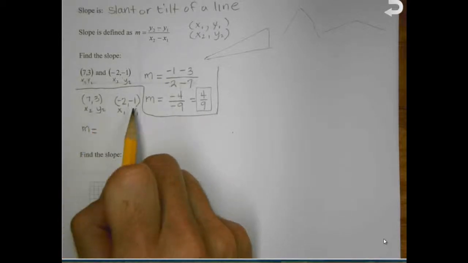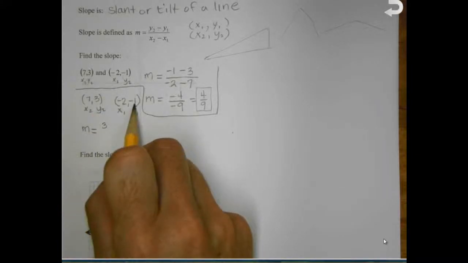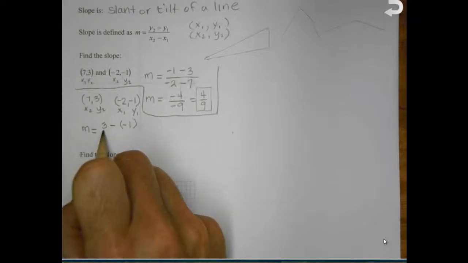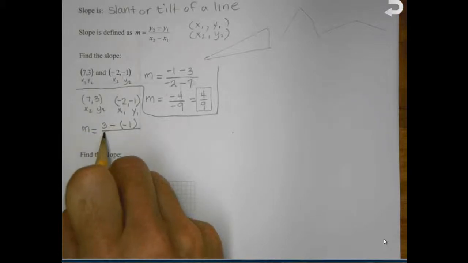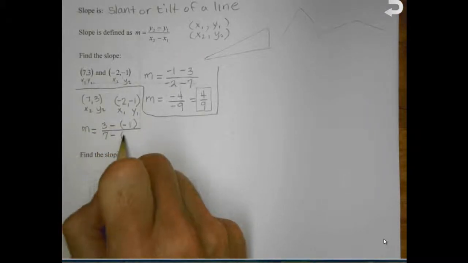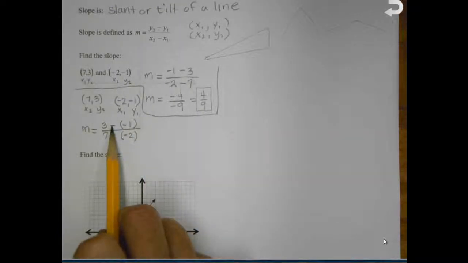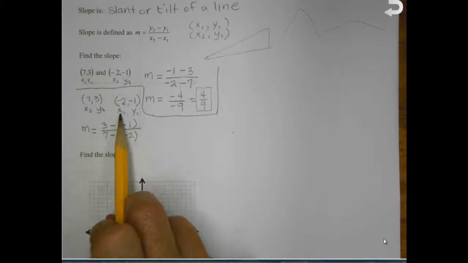M equals y2, so I'll have the 3, minus y1, and then my y1 is a -1. And then my x2, so I'll have a 7, minus whatever my x1 is, which is a -2. Notice I have a minus from the formula, and I have a minus from the sign on the x term.